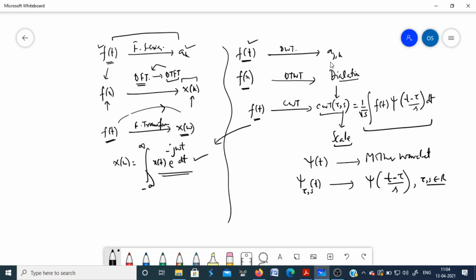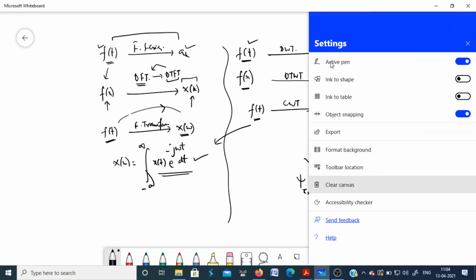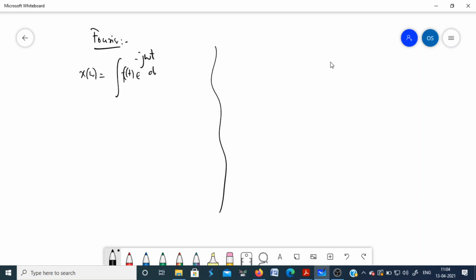Let us see what actually it is. Let me first give you an example of what the Fourier transform does, and then we will compare how it is equivalent to the wavelet transform. What we do in the Fourier transform, you have a function f of t, you multiply it with the complex exponential, and then you integrate for the entire time period.